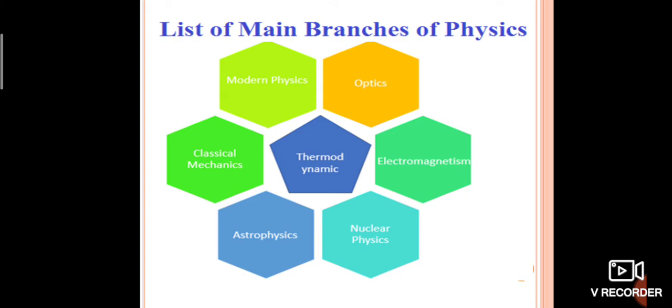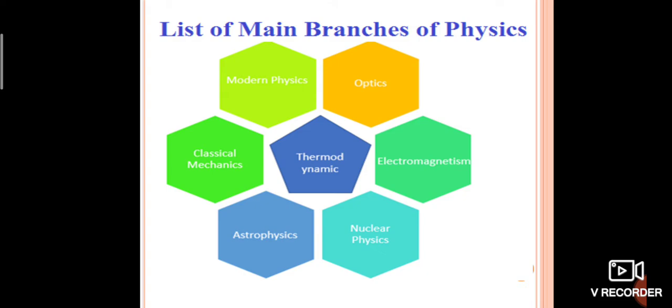The third branch is electromagnetism. Electromagnetism deals with the study of electric fields and magnetic fields. Together, the study of electric and magnetic fields is known as electromagnetism. Next one is nuclear physics.